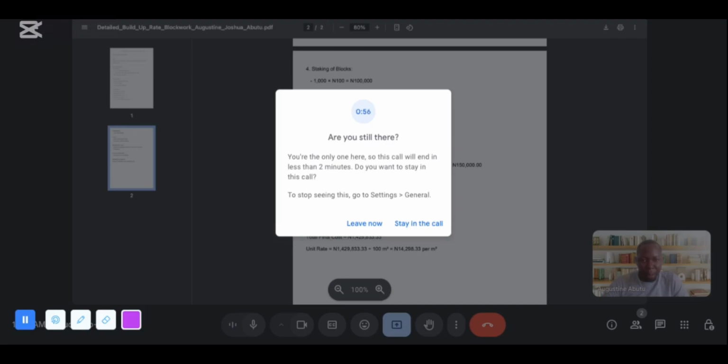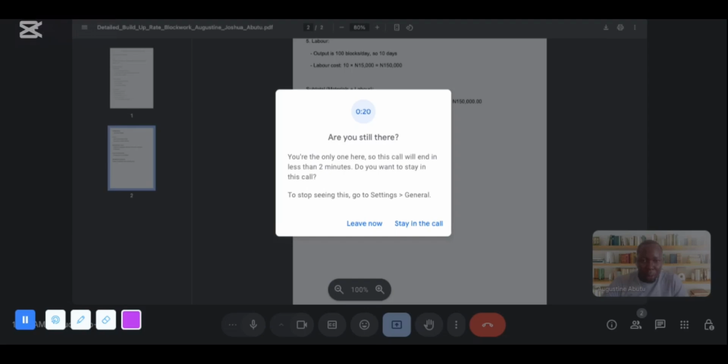Hope you are following me. So we'll be adding our labor plus our material cost. These are the additions of everything: 500,000 plus 400,000 plus 93,333, 100,000, 150,000. Altogether, we have 1,243,333.33. So we'll be adding 15% overheads and profit to our prime cost.